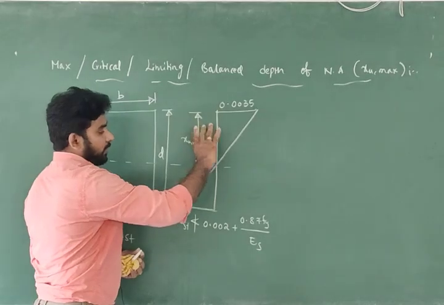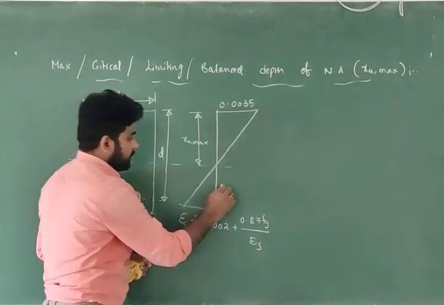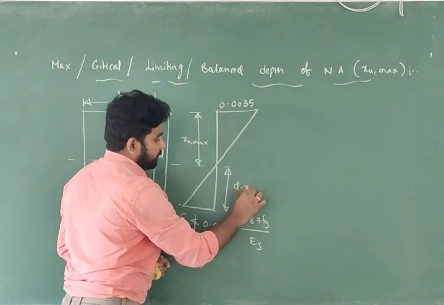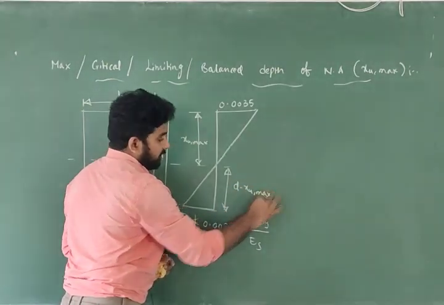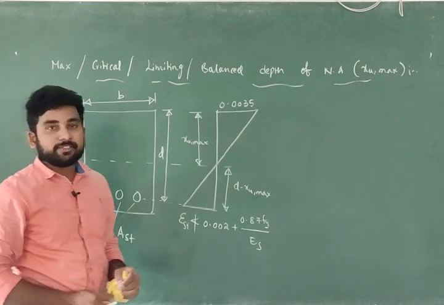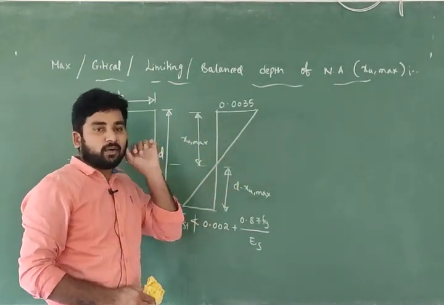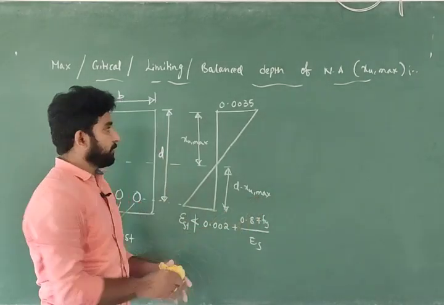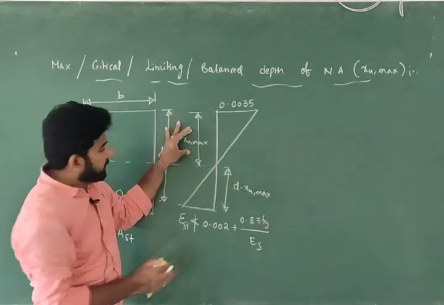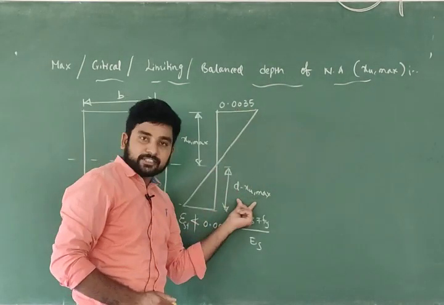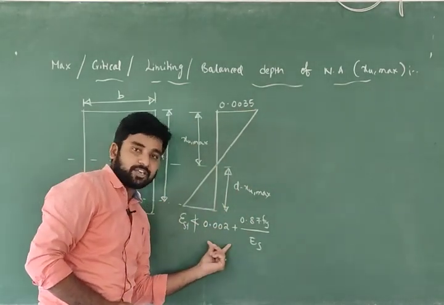Total minus this part gives D minus XU maximum. By applying similar triangles, I will determine this XU maximum. For this much depth my strain is this much.